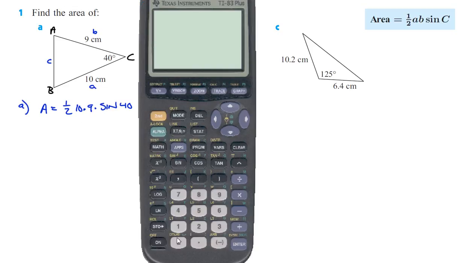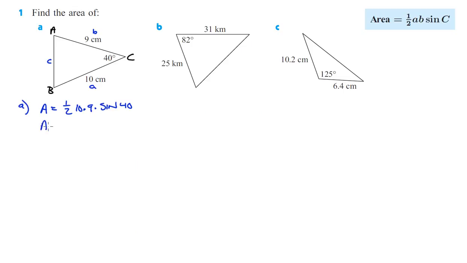So we should be able to just plug this into our calculator and away we go. So we've got 1/2, which is 0.5, times 10 times 9 times sine of 40. It should give us 28.9 centimeters, and since it's area, it should be centimeters squared.